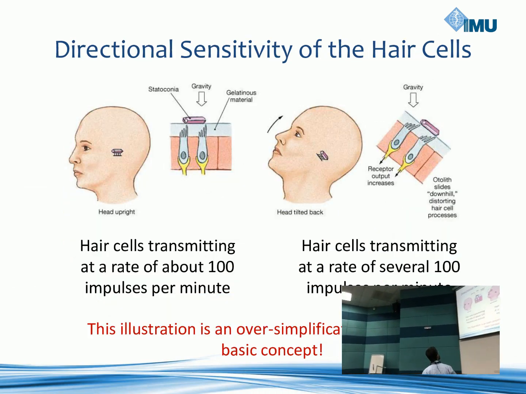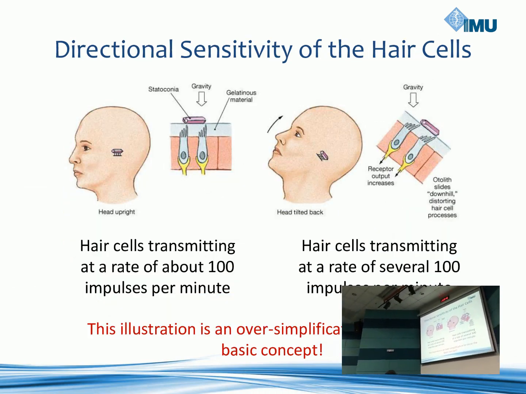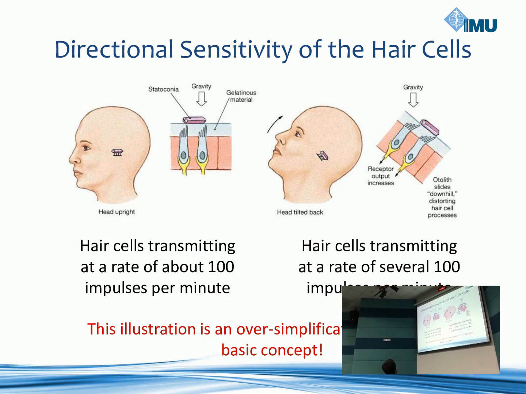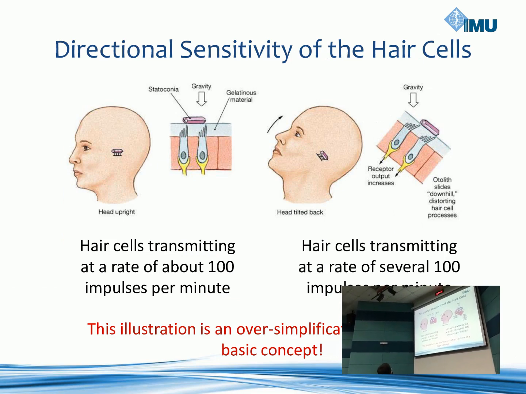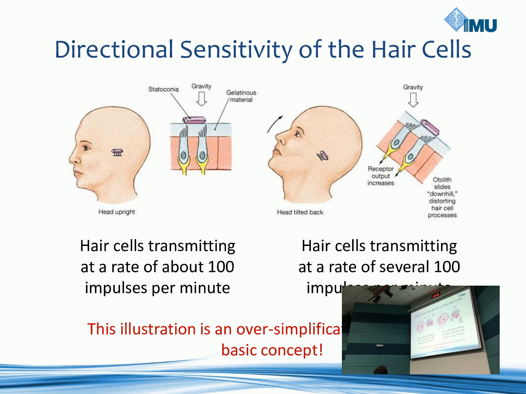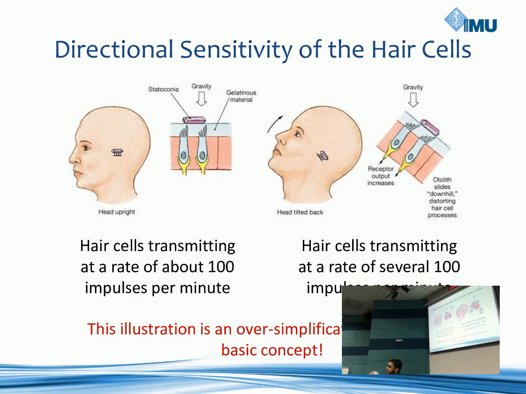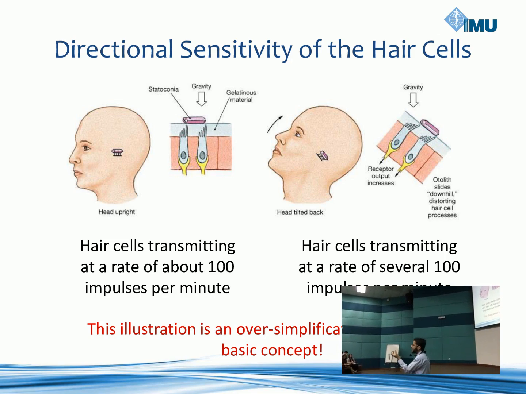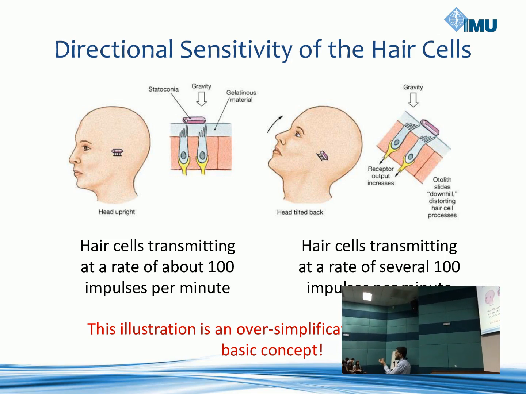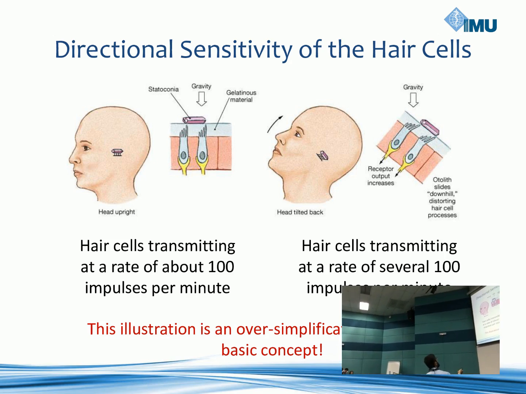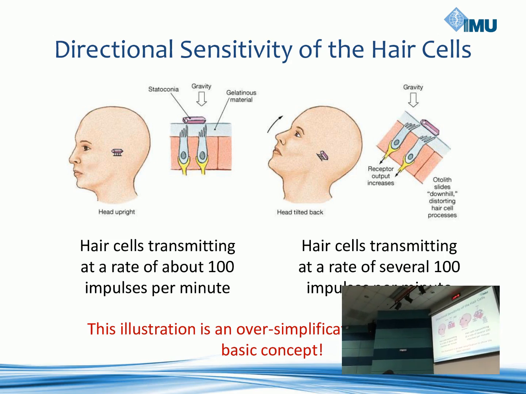Now, these stereocilia are present in the inner ear. This is the otolith or the statoconia on top. If you move your head, because of gravity, because the statoconia are heavy, they will fall. For example, if you move your head backwards, they will fall backwards.